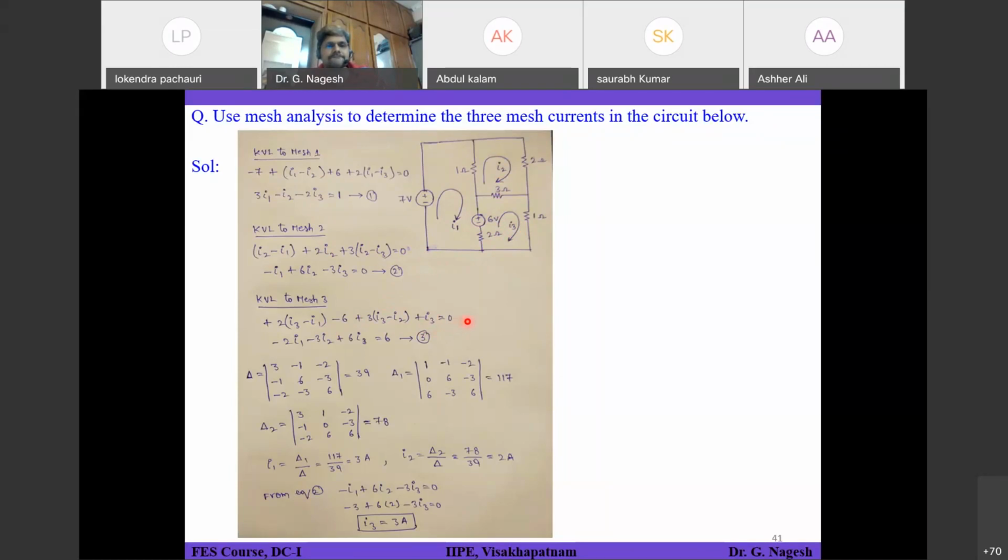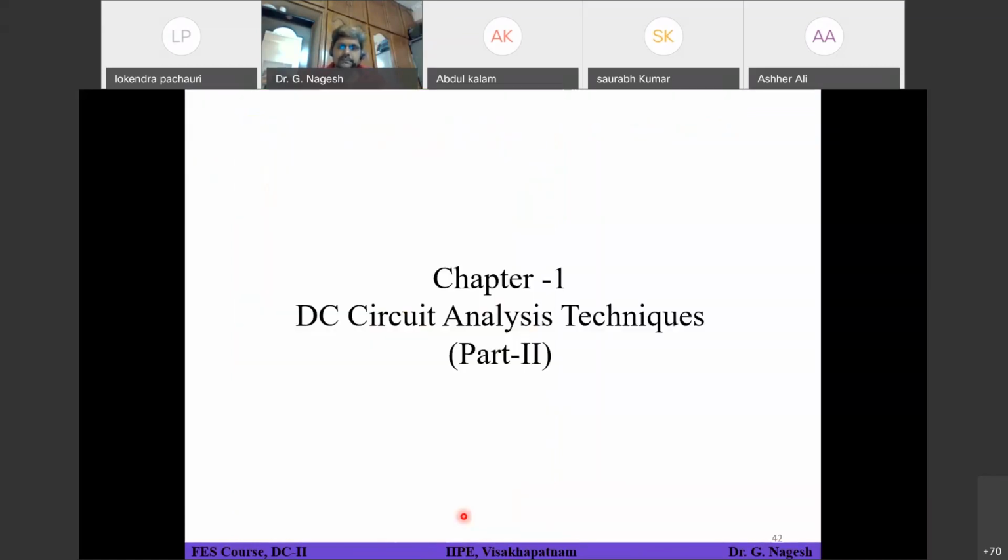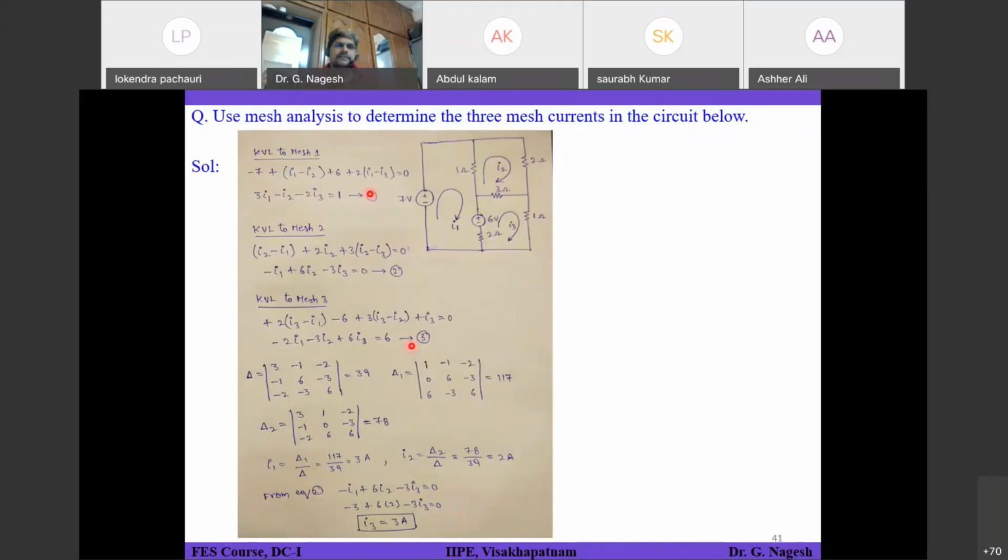That is how you write the equations for all three. Then it is solving three equations with three unknowns, so you will be able to find I1, I2, I3. So you get I3 equal to 3 amperes. In mesh analysis, you find the three mesh currents. Is it clear or does anyone have a doubt? No, sir. Clear, sir.